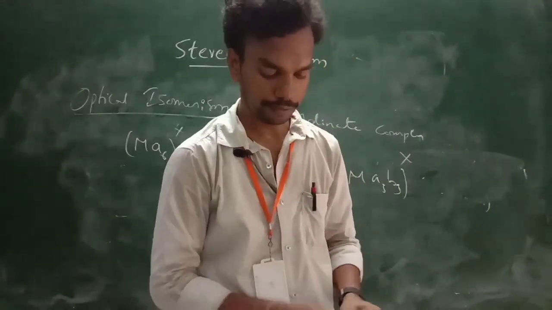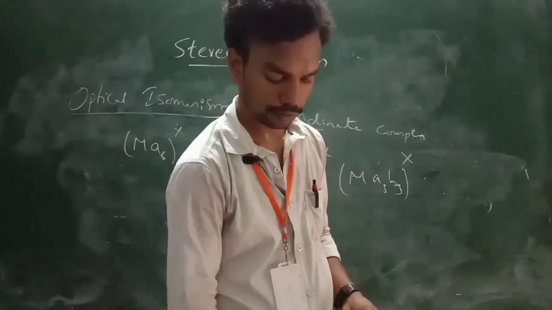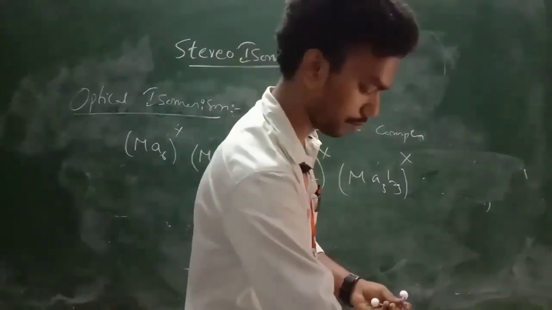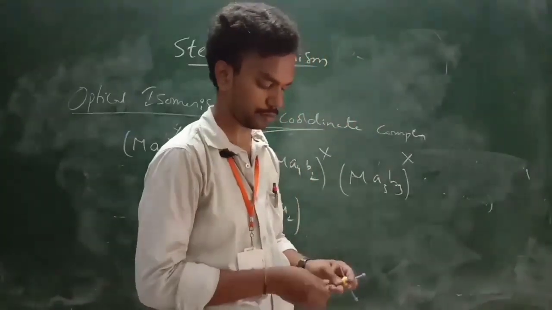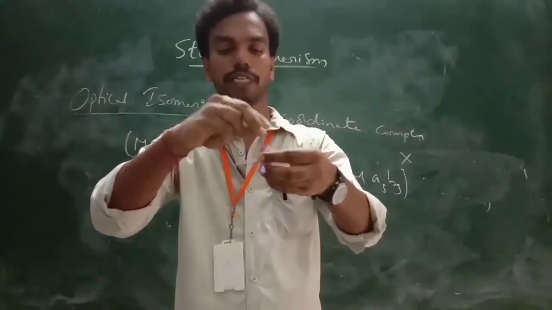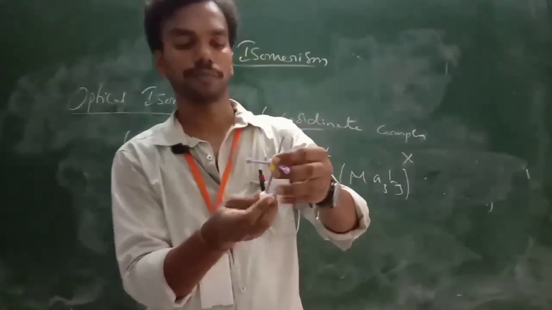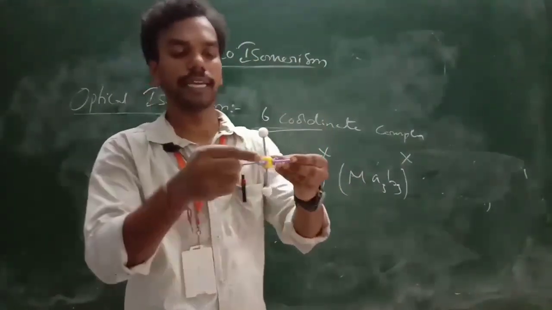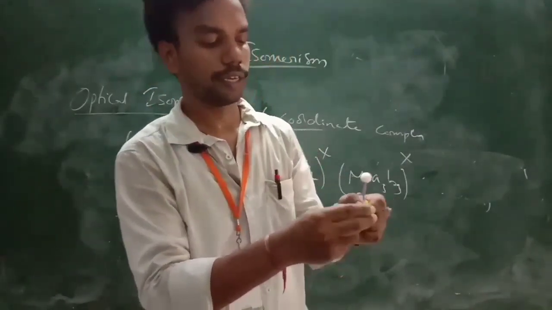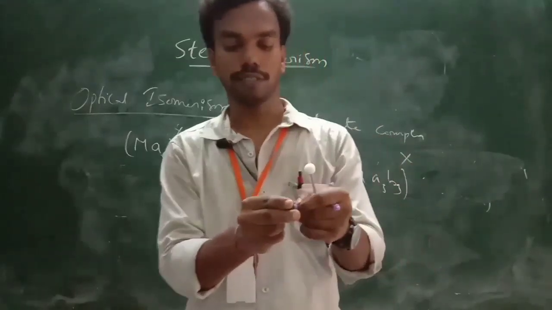Just think of it. Okay, so these are six positions of the octahedron, and two positions are two chlorides, and this is NH2, CH2, CH2, NH2. So here the black balls are nitrogen, ethylene diamine.